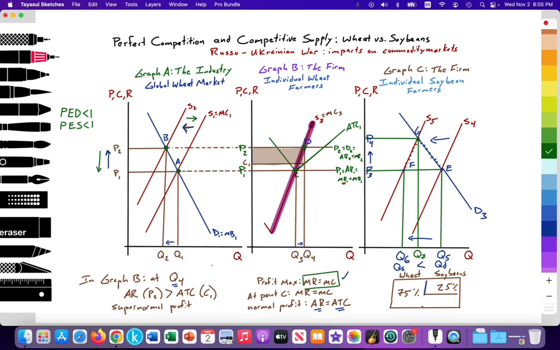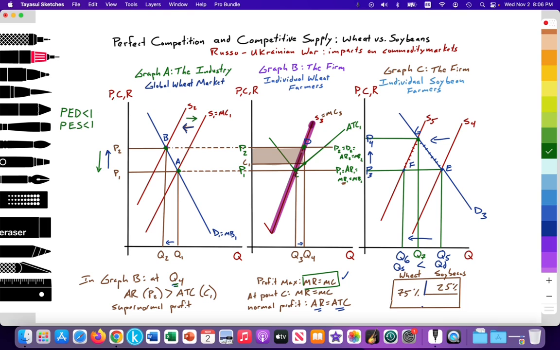We're at Q4, as stated here, at Q4, we see that the average revenue, right? Remember that P2 equals D2 equals AR2. Average revenue is greater than average total costs, P2 greater than C1. So that means that wheat farmers are generating abnormal or supernormal profit.